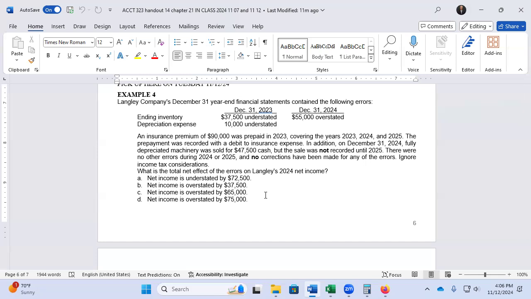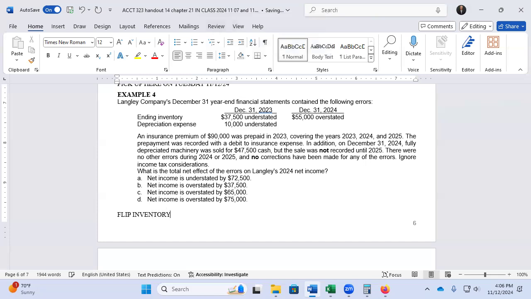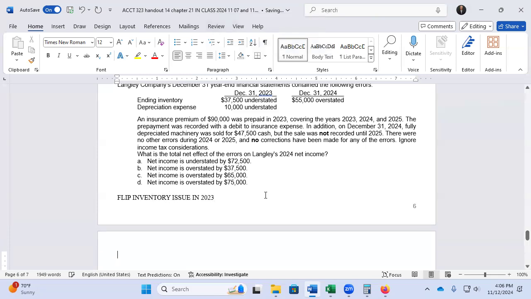What they do is they flip the inventory. In 2023, 37,500 overstated.